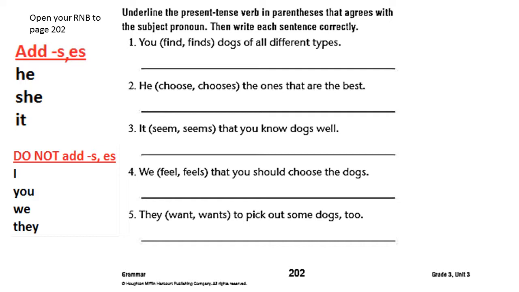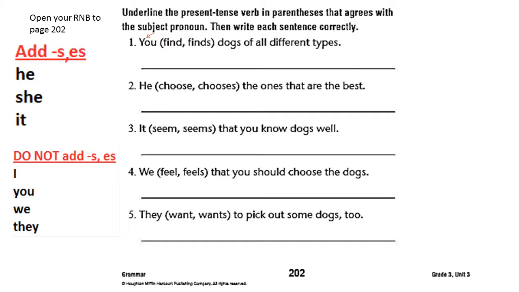You blank dogs of all different types. And in the parentheses, we've got find and finds as the options. Now I know that if I've got you as the subject pronoun, I will not add s to the verb. So you, that's my subject pronoun, is the first thing you need to do.